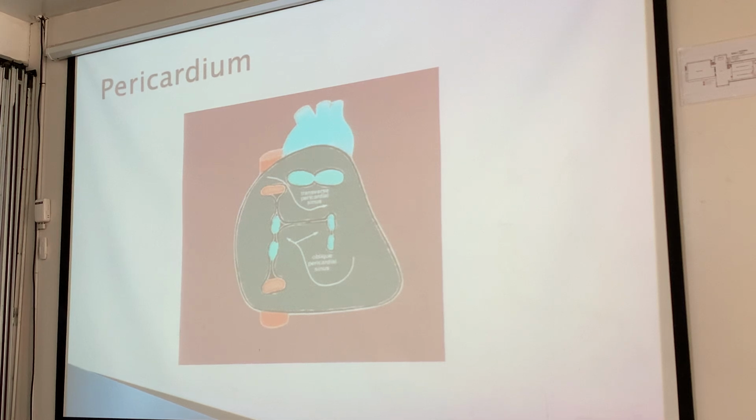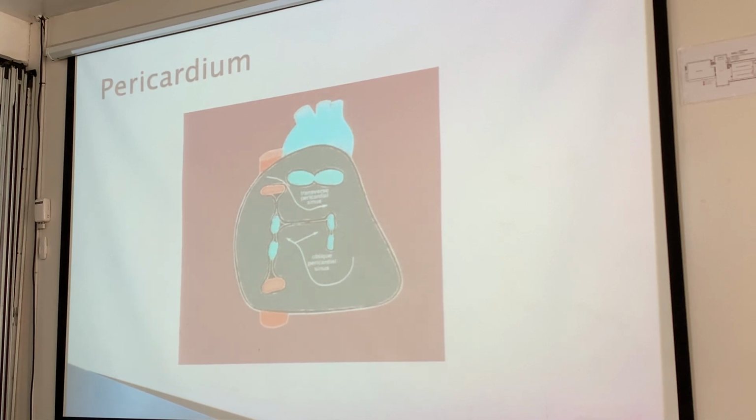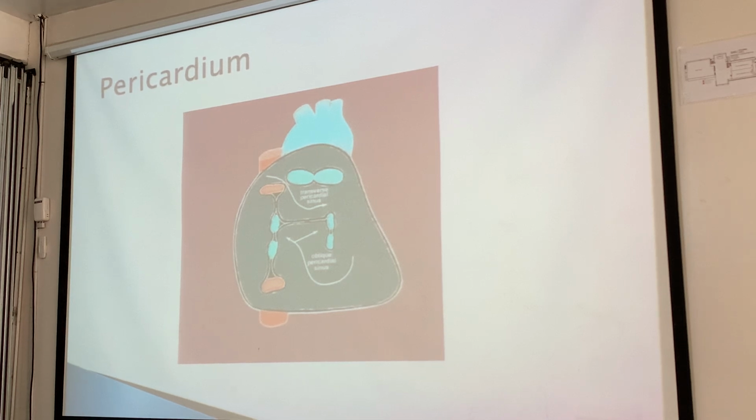What is the clinical significance for this? Or is it just added for you guys to memorize? What is the clinical significance? If any one of you, 20 years from now, will become a cardiac surgeon or heart surgeon, that is the area where they enter and control the vessels.